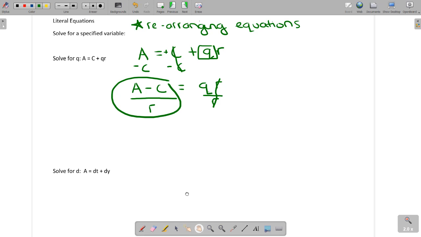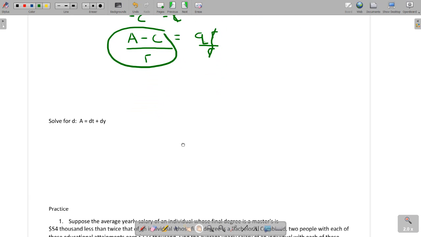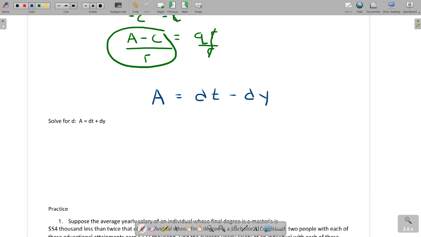Next one's a little more complicated because D appears twice. Since it appears twice, you want to isolate it where you can. So take it out as a GCF.